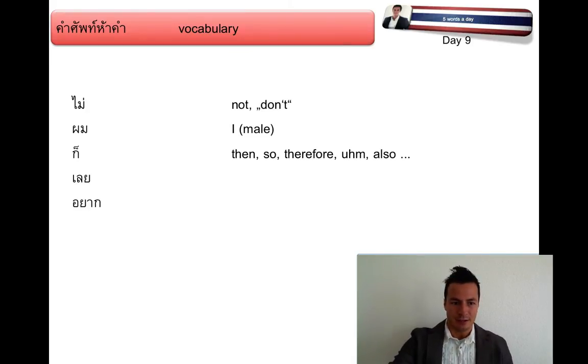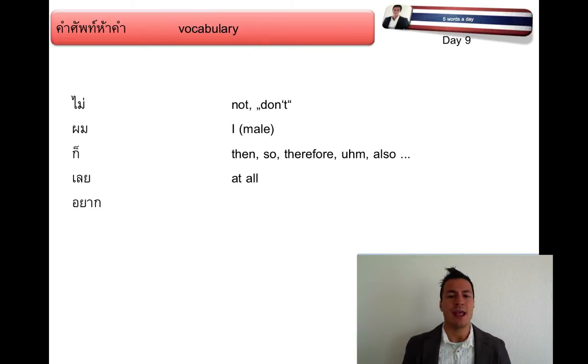Then we have another word, เลย. There are two translations of this particular word, but as for now we only take the translation at all. So basically it is used within sentences where you want to state that something is not the case at all. You don't want something at all.